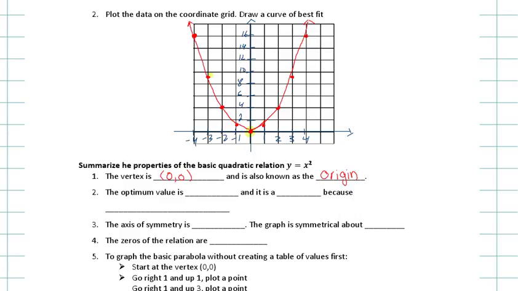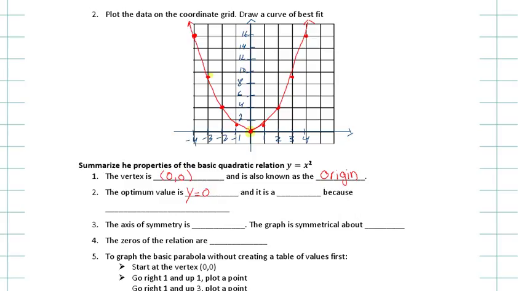What's the optimal value? It's a 0, right? And is it a minimum or maximum? Minimum. So the optimal value is y equals 0. Remember, it's not only a 0, you have to assign that y with it. Otherwise, you're going to lose half of the mark.